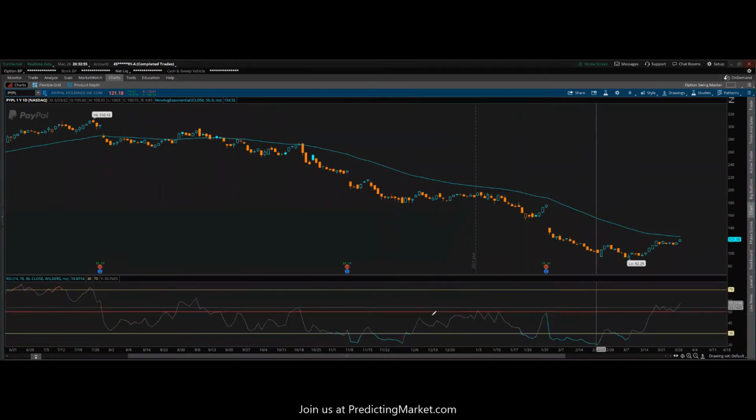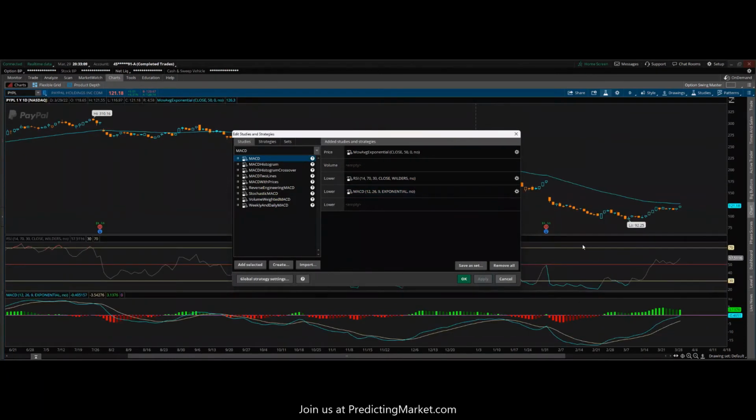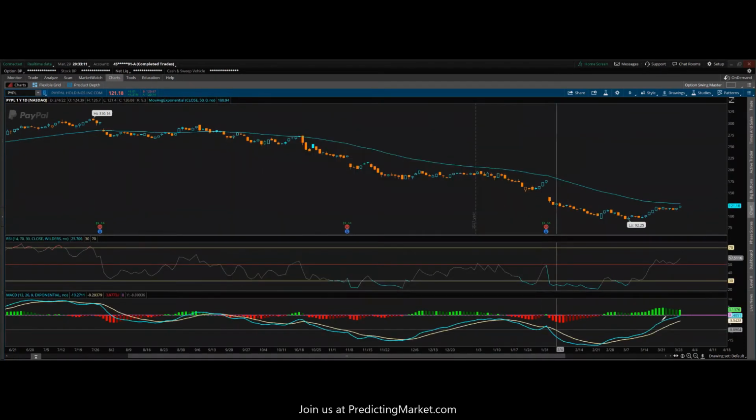So this is how RSI works, and let me bring one other indicator called MACD. MACD basically consists of three things.